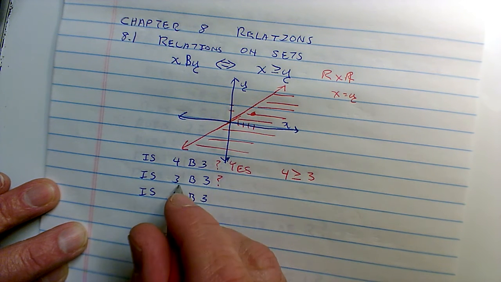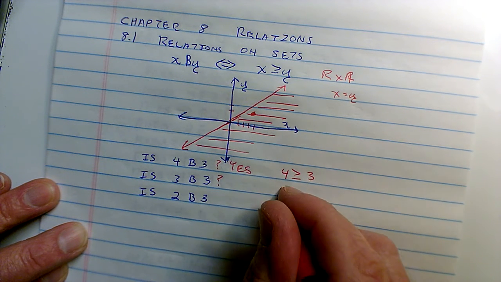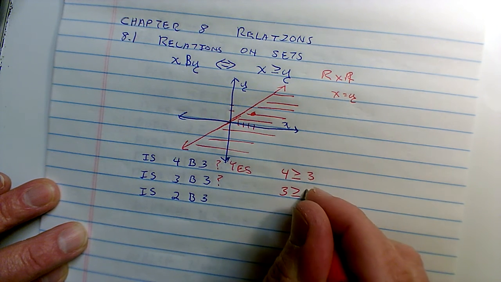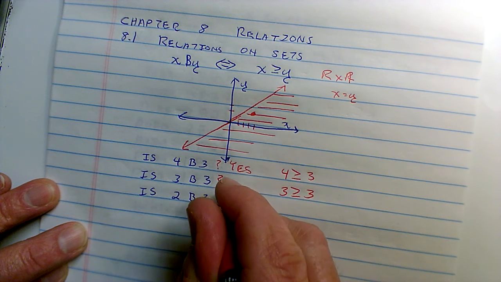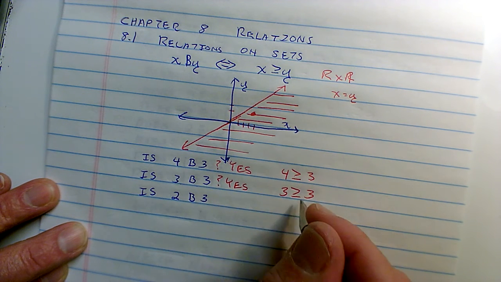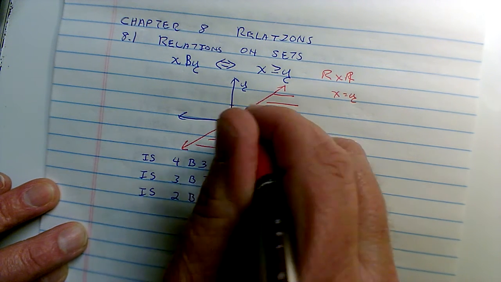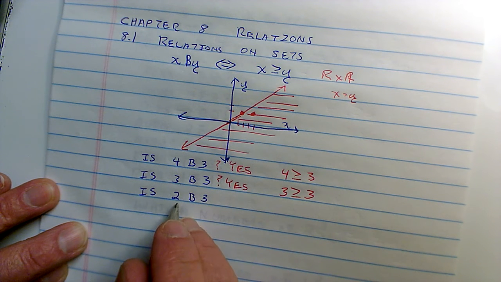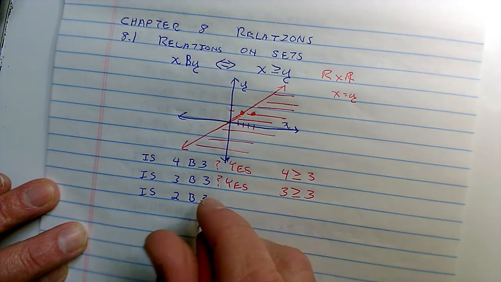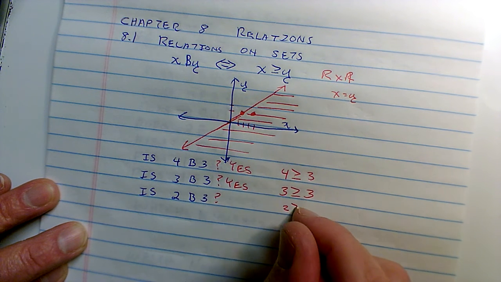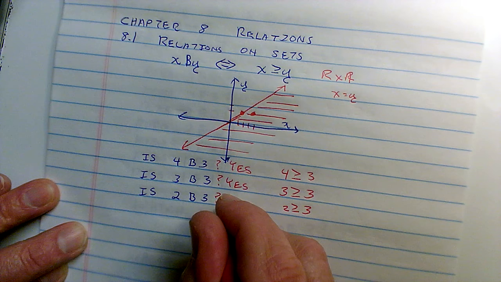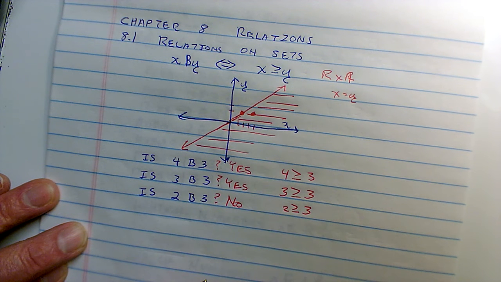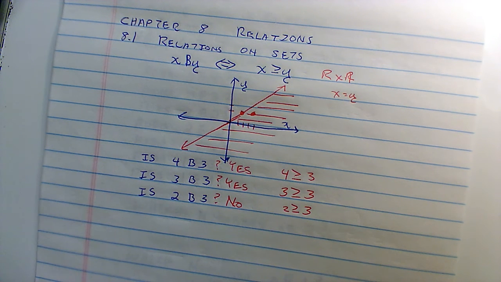How about 3 B 3? In other words, is 3 greater than or equal to 3? And the answer again is yes, because it has the equals property. It's one of the points that's directly on this line. Is 2 B 3? Is 2 greater than or equal to 3? The answer to that one is no. So this is the kind of notation we're using with these sets.